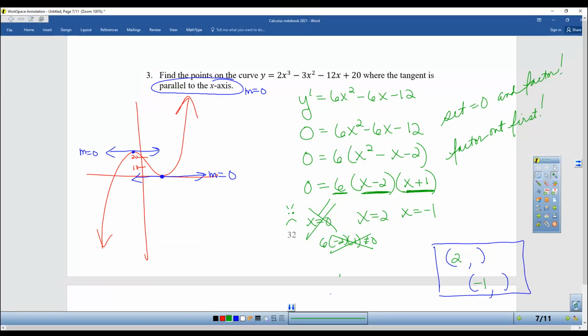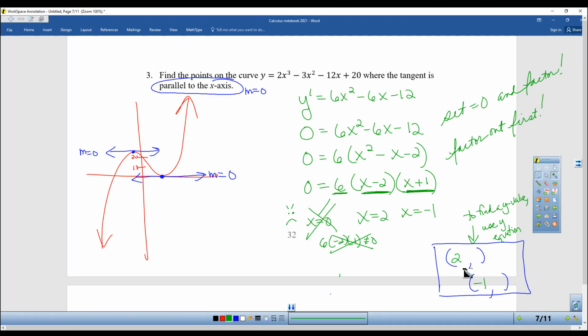And if it's -1. How do I find a y value? To find a y value, use the y equation. So every year, somebody, even after I write this, somebody is going to plug 2 back into the derivative equation. You don't want to know the slope.